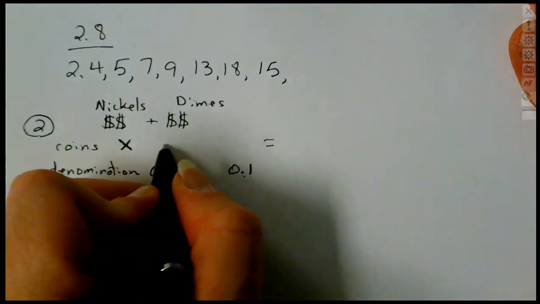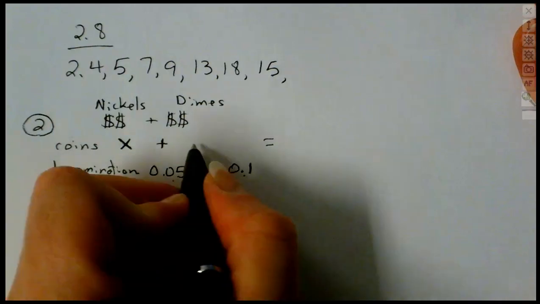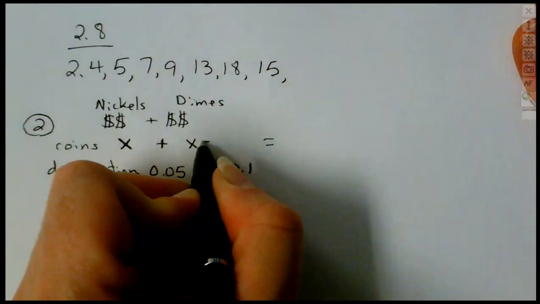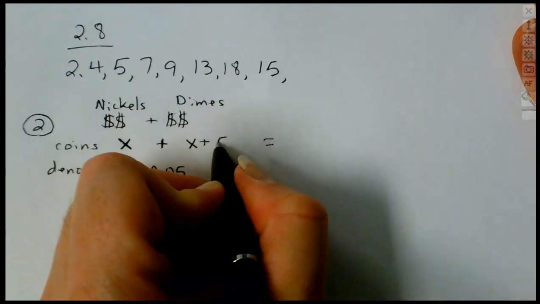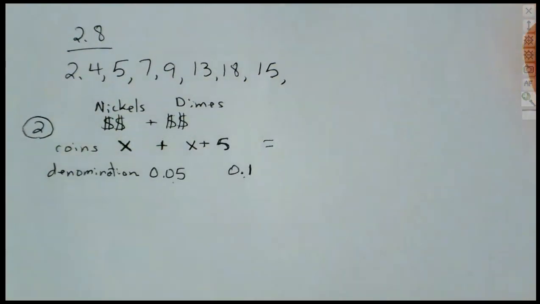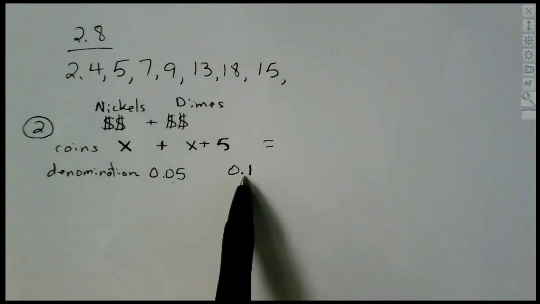And what do we know about the number of dimes? Well, it says there are 5 more dimes than nickels. So the dimes is going to be then x plus what? X plus 5, right? Is everyone okay with how I got to that step? So we've got nickels and dimes. We've got our denominations here, 5 cents and 10 cents.